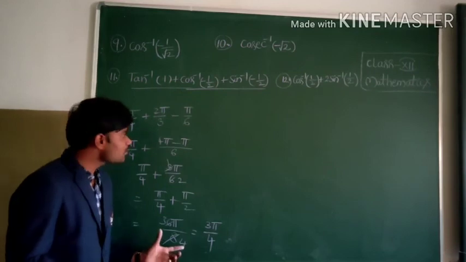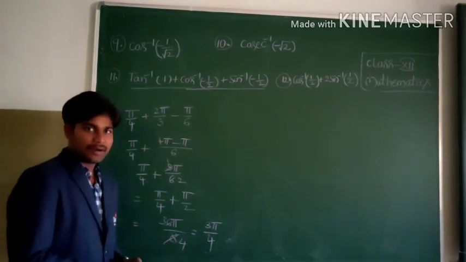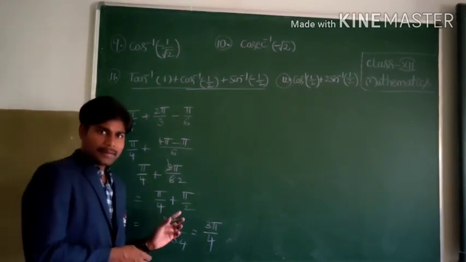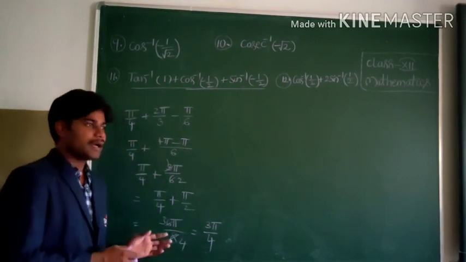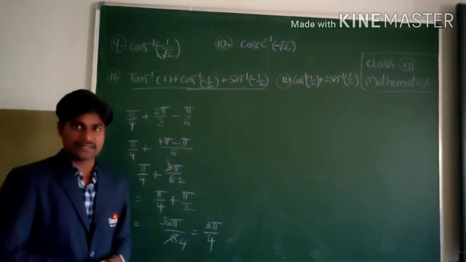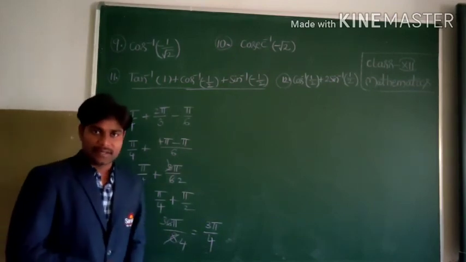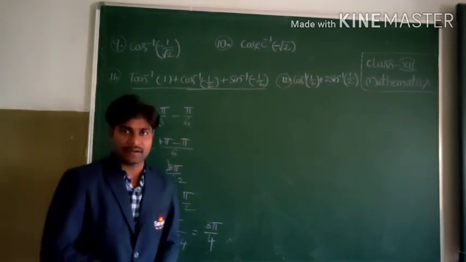Clear? So my dear students, I hope you understand how we can solve all these problems. If you go through the graph of inverse trigonometric functions and the domain and range of the inverse trigonometric functions, you can easily understand this kind of problems, right? If you have any doubts, you can contact me, I will clarify them.